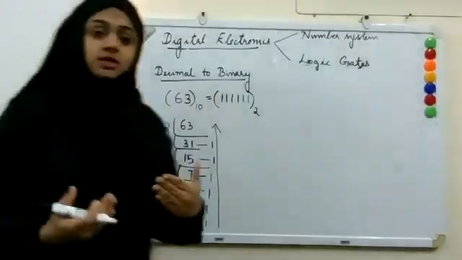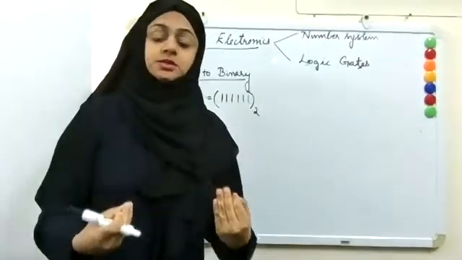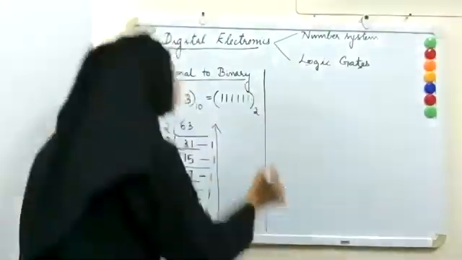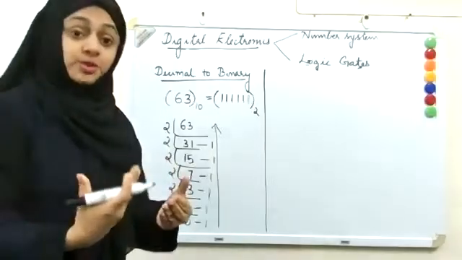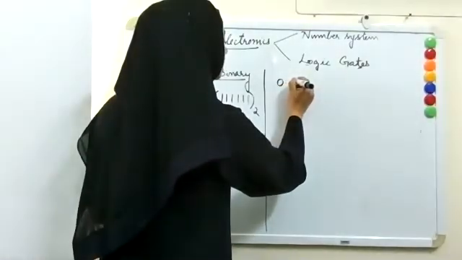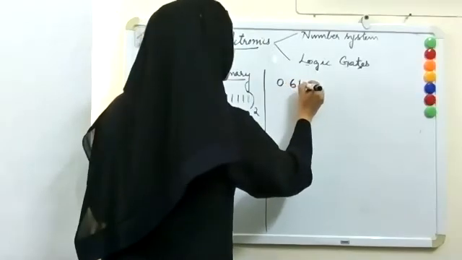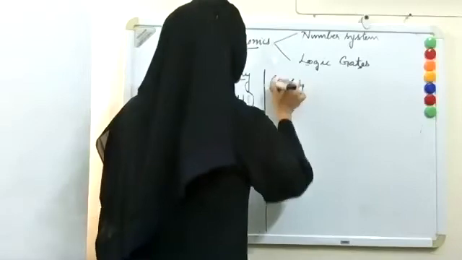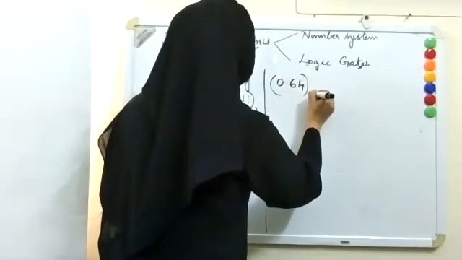Okay. Now let us see what happens when there is a decimal place. So let me take another example which is only a decimal part. So the number is 0.64, and it is to the base 10.